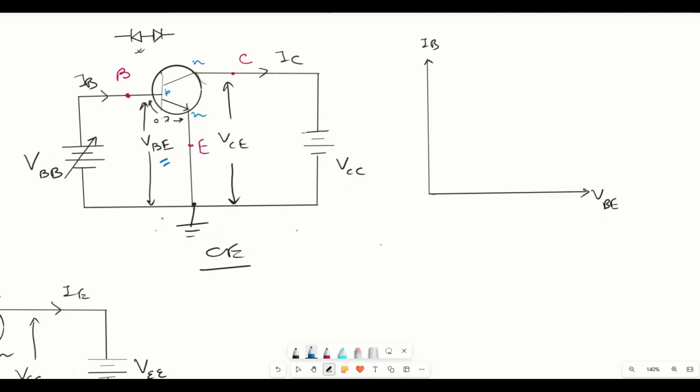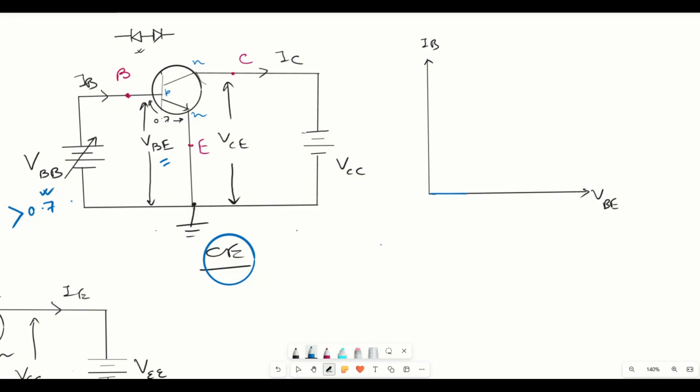Let's see the characteristics of the transistor in common emitter configuration. So here the transistor will not conduct until and unless the value of VBE is 0.7 or greater than 0.7. So up to this 0.7 the current will be 0.